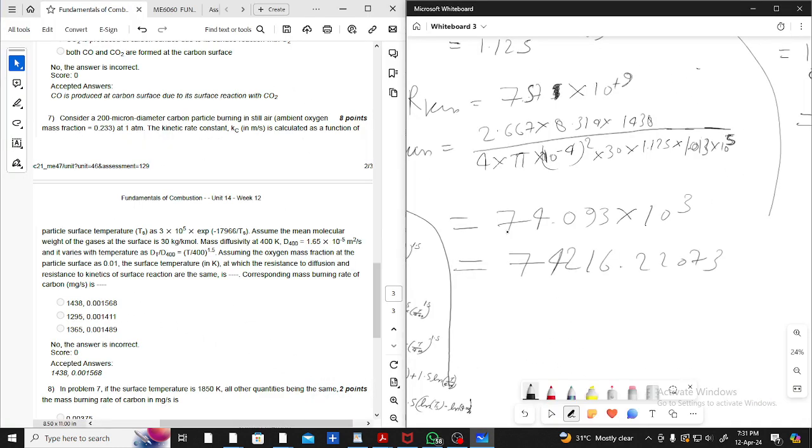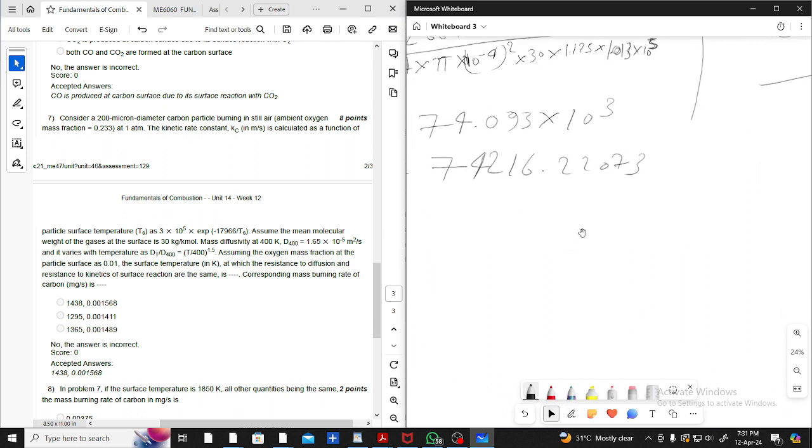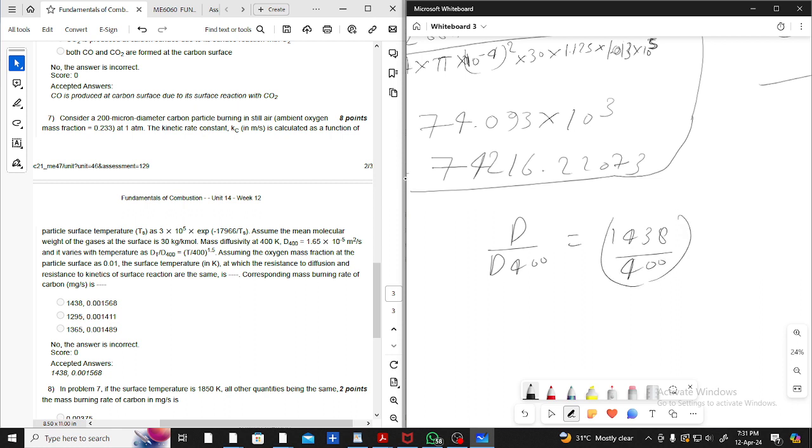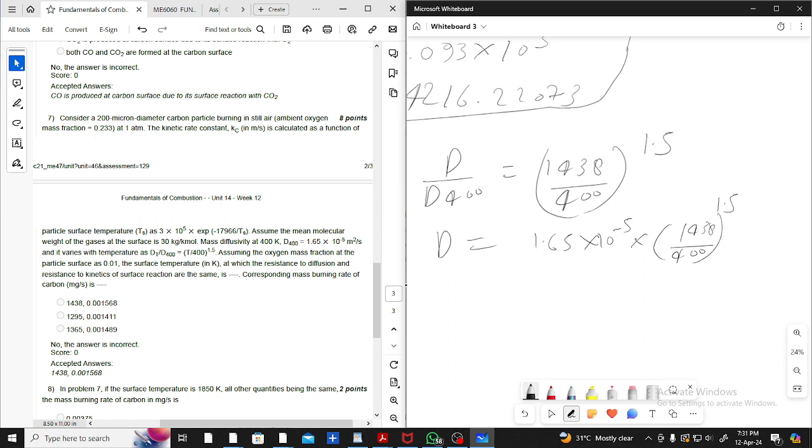You have this relation. Can you calculate this? What D are you getting? Diffusion coefficient D.